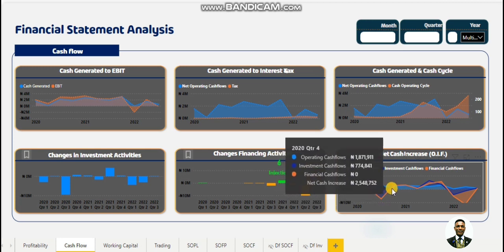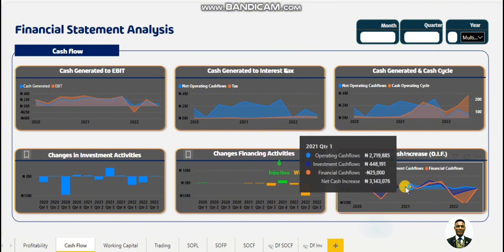Next, we saw a positive cash flow this time of about 2 million, positive net cash flow after the 3 activities, largely from operations, then investments. Some investment they recovered added to it.